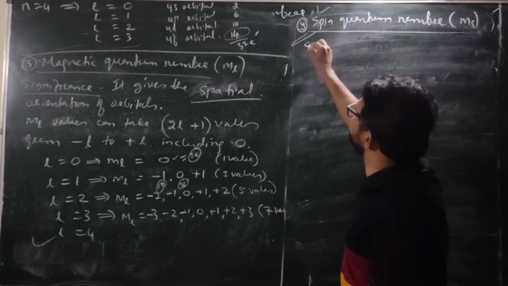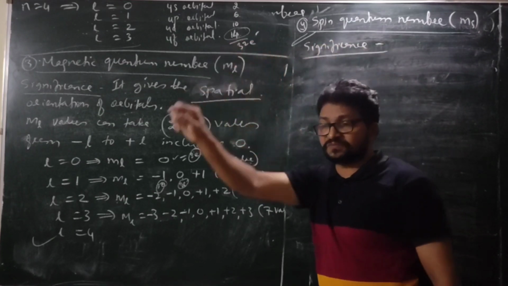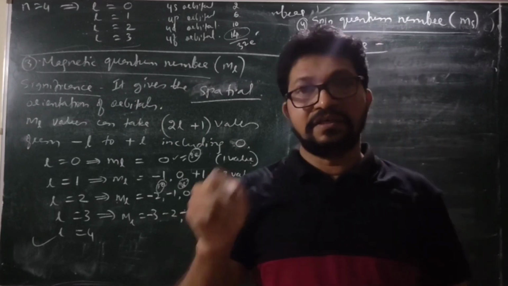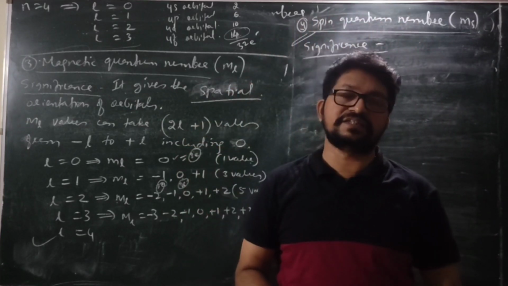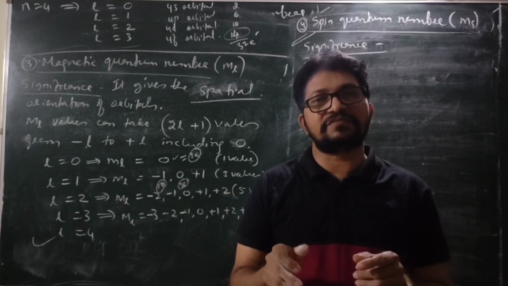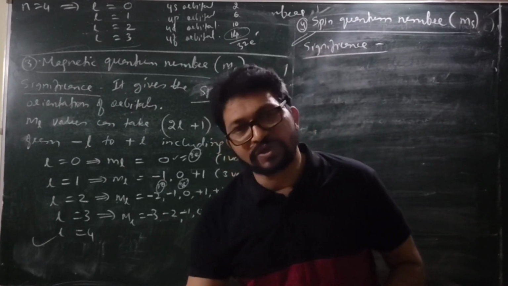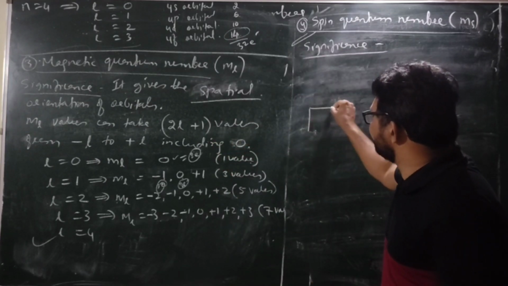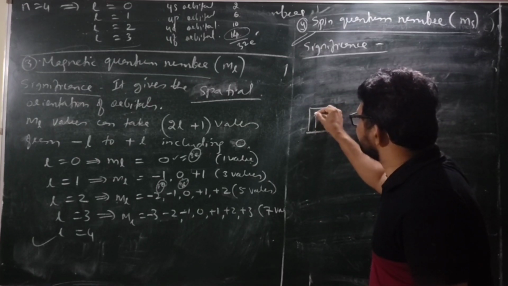So what is the significance of the spin quantum number? Why the necessity of the spin quantum number? Look, each orbital has how many electrons? 2 electrons. What is the capacity of any one orbital? 2 electrons. Now you are thinking of having 2 electrons in one orbital. Yes or no?